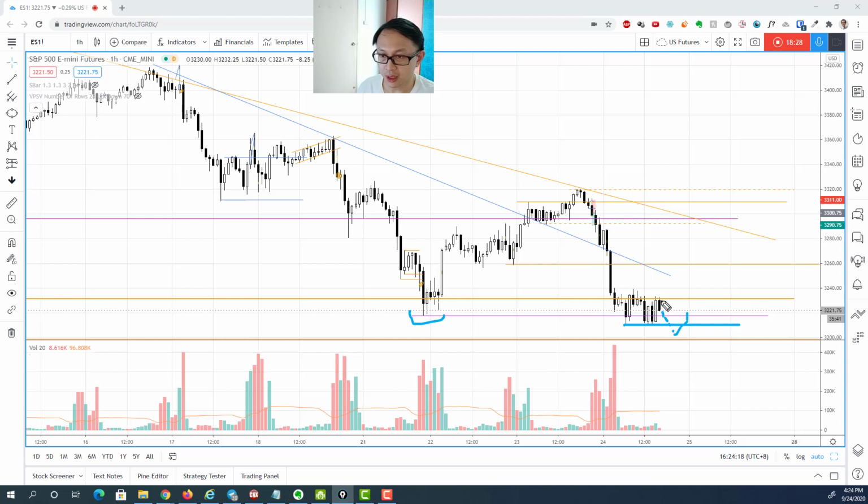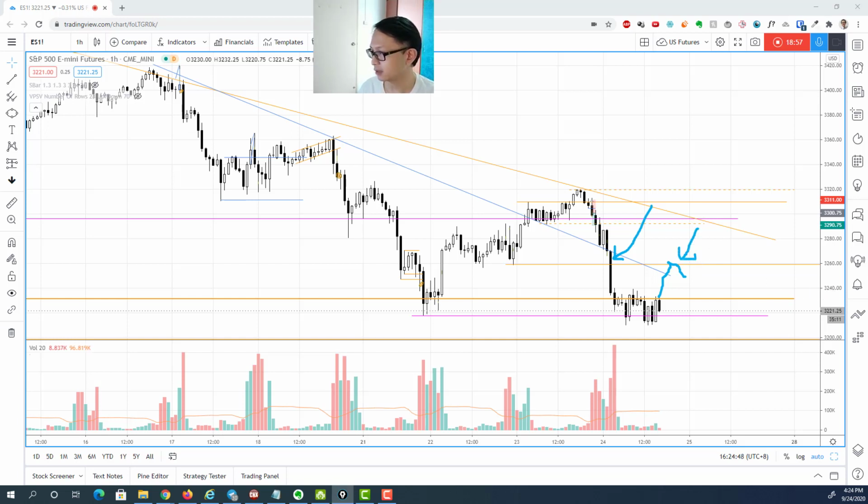Else, I would like to see how it actually tests the last hour bar here as well. So that is around 32.40, close to 32.40. So whether you can just have a breakout, then reject, or you can actually go up a bit more to test this capitulation bar, the big bearish bar here, and have some kind of reversal, then you can ride it to the downside.